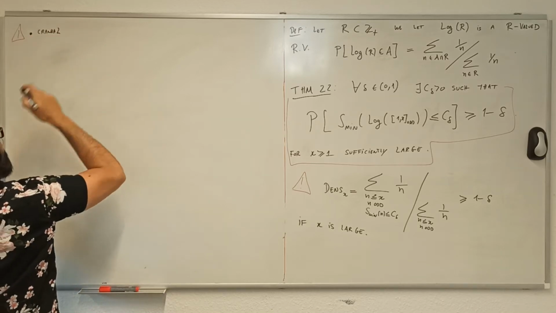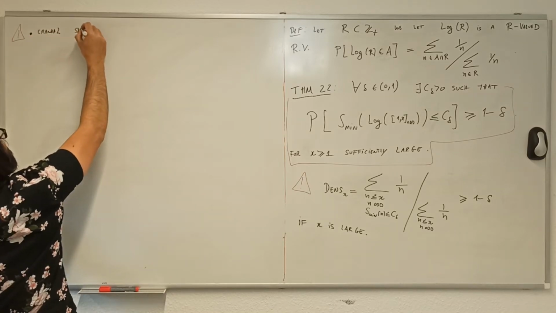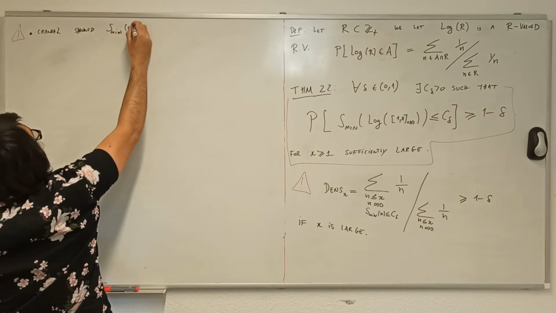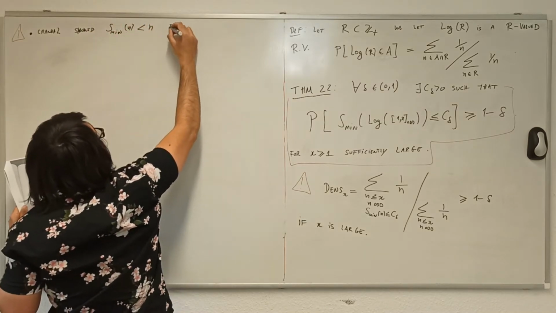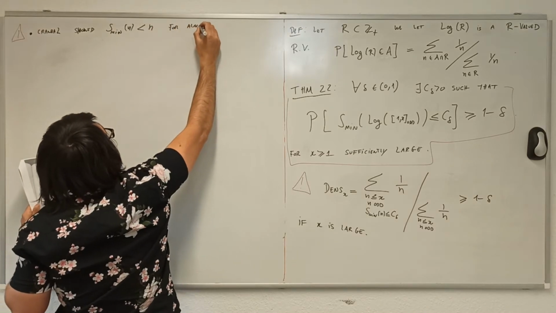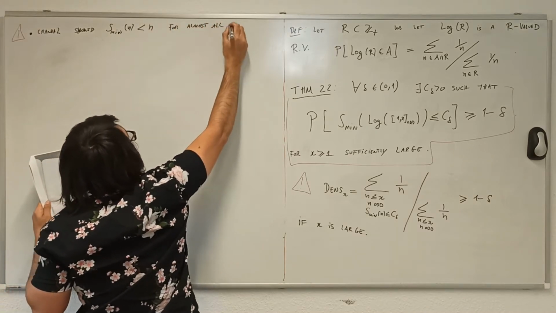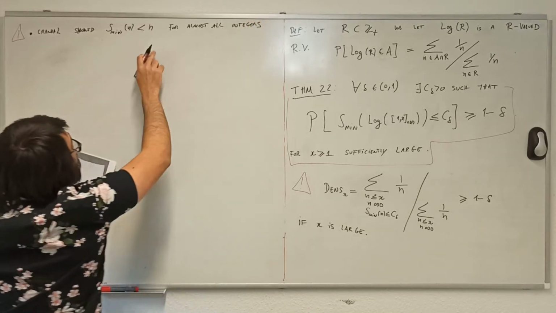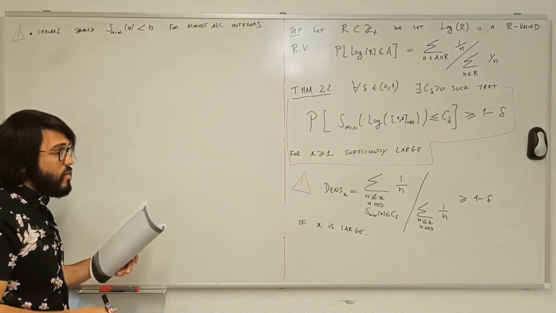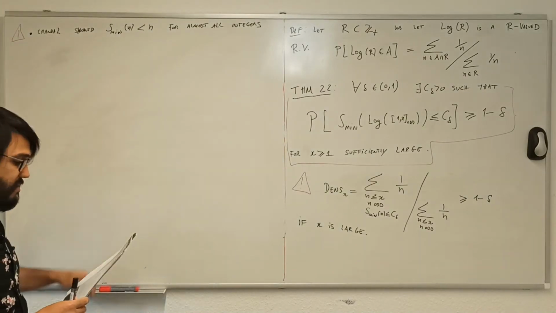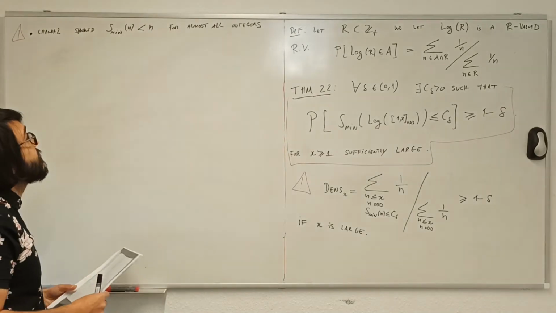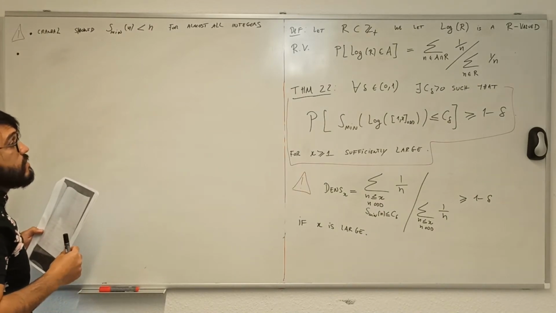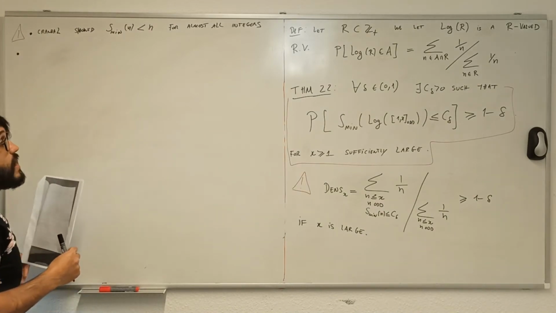In the paper of Crandall, we showed that S min of n was less than n for almost all integers, and this was in the natural sense, just using the counting measure.